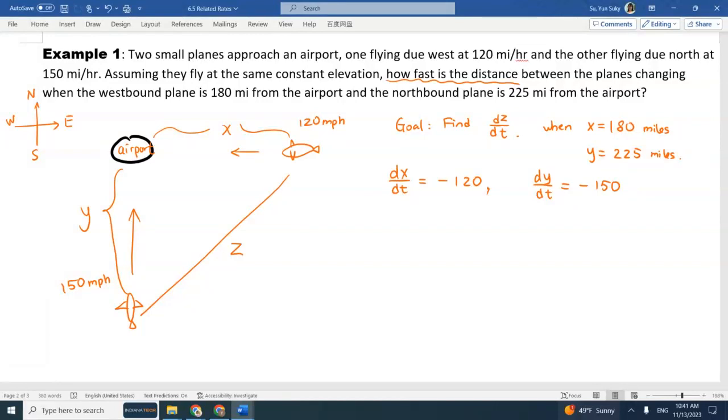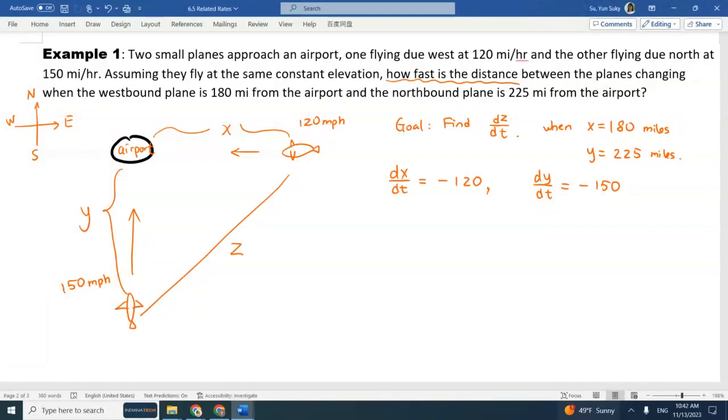It's just asking at the moment when x is 180, find the rate of change of z. Maybe your x was like 300 and it's going down, right? This only happens at that moment. The speed of the westbound plane is always 120, and the speed of the northbound plane is always 150. So these two are fixed all the time. This is changing. It's just at that moment when x is that and y is that.